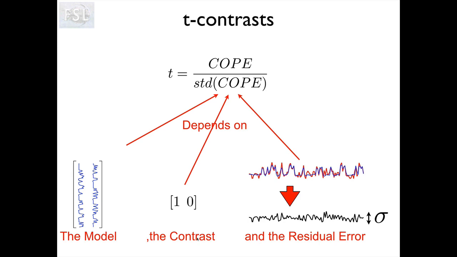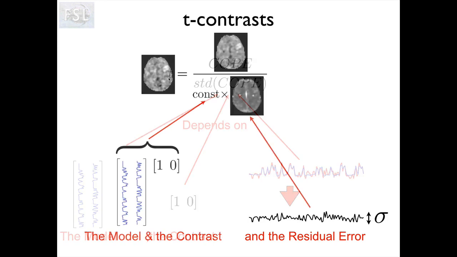It depends on the contrast in a slightly complicated way that we're not going to go into, and it depends on the residual error. I.e. if we have a large residual error, it means that our model doesn't fit the data particularly well in that voxel, and then we have a small t-value. If we have a small residual error, it means that our model fits the data very well in that voxel, and we get a large t-value, and we say that we have a high confidence in that value.